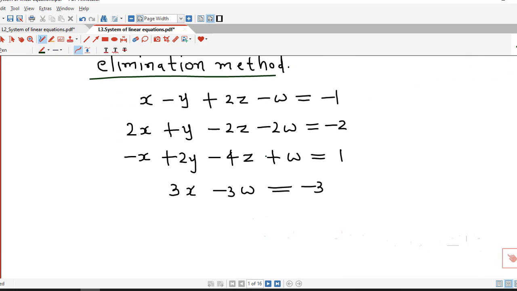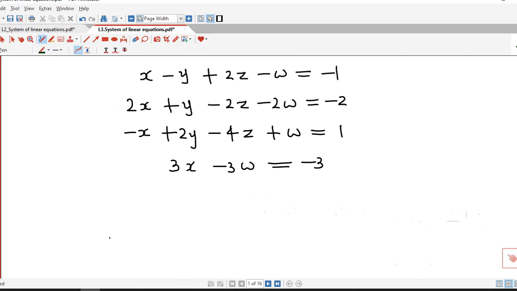As we know, the first step of Gauss elimination method is to write augmented matrix. The first column of augmented matrix corresponds to coefficients of x. So first we write coefficients of x, which are 1, 2, -1 and 3.